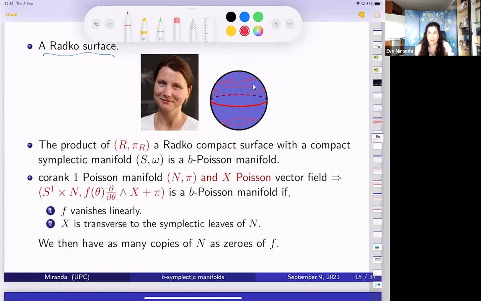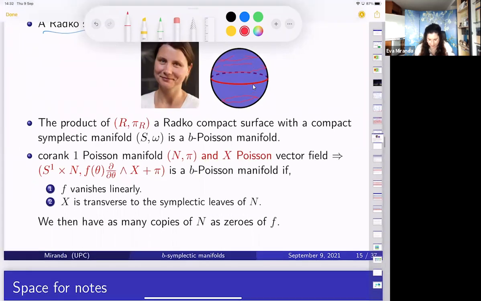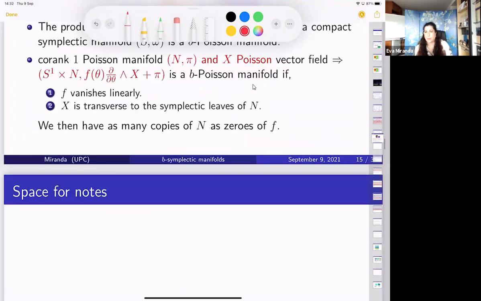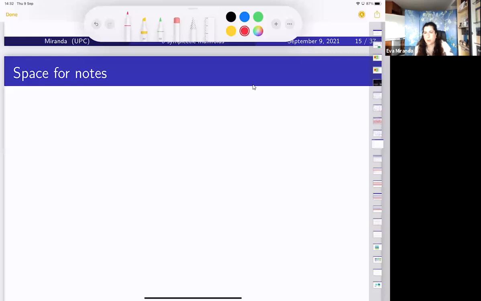But what happens in higher dimension? The Poisson structure is no longer 0. But it has some maximal leaf, like it has some constant rank. So I'm going to take as an example a classical example from foliation theory. Let me take a codimension 1 foliation. For this, I'm going to need a manifold of dimension 2n minus 1.